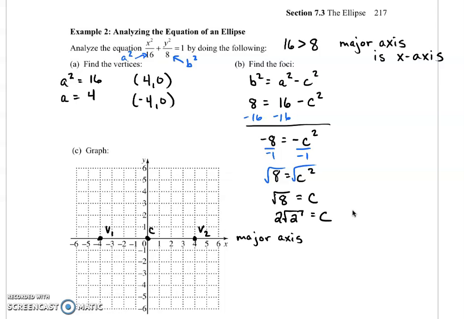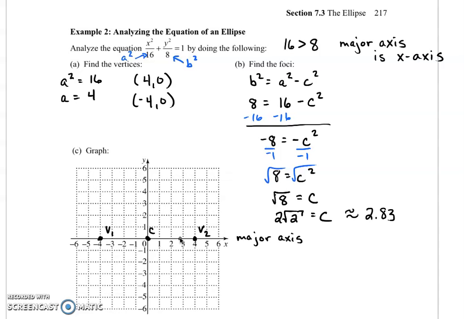So I don't really know where to put that, so I'm just going to throw that in the calculator and get a decimal approximation, only so we can graph it. So 2 square root of 2 is approximately 2.83. So remember, the foci also go on the major axis, so we need to go about 2.83 to either side of the center.